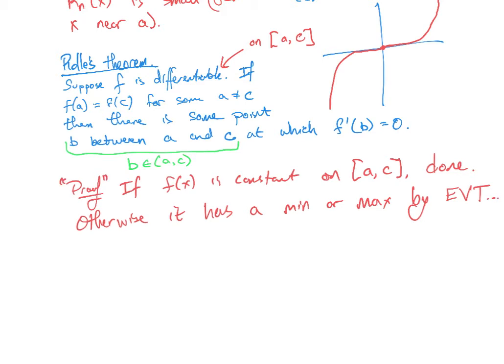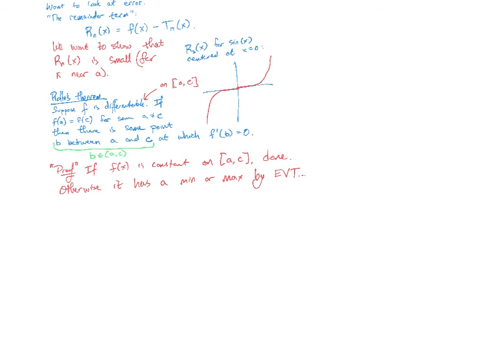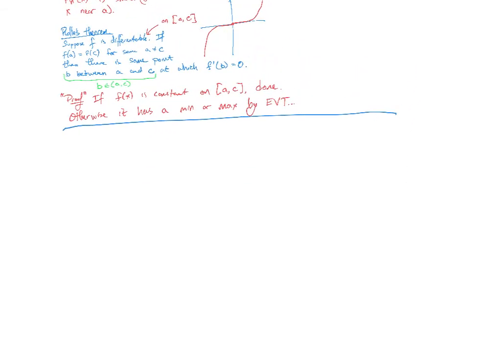It's just a brief hint, a brief reminder about the proof. So like I said, Rolle's theorem is going to be a tool in how we're going to approximate the remainders. And let's get to that result.